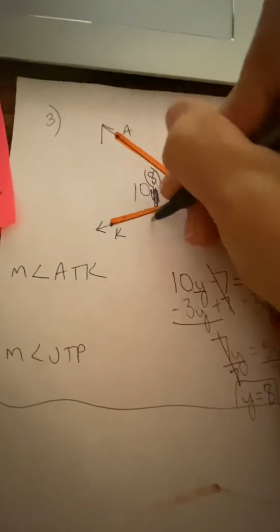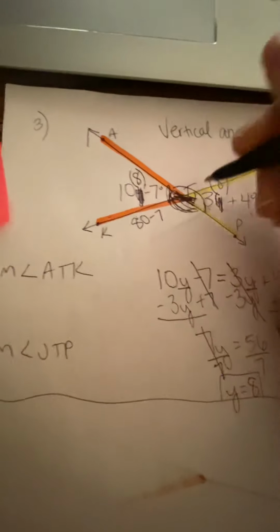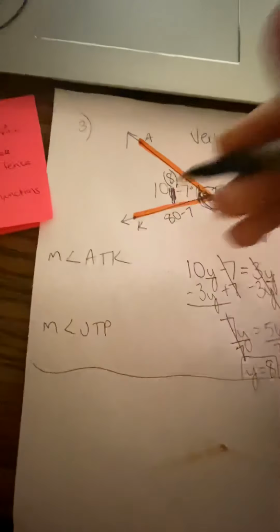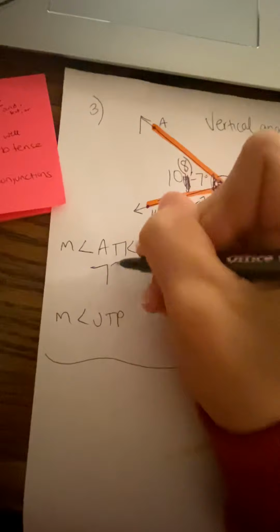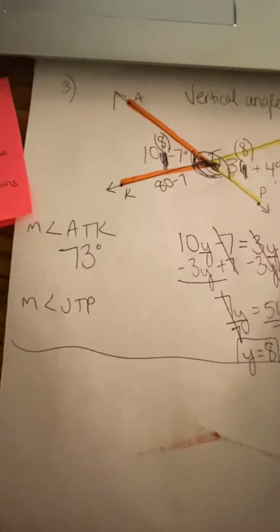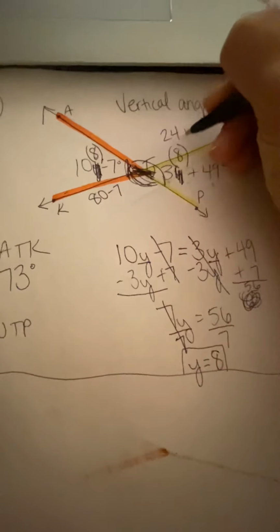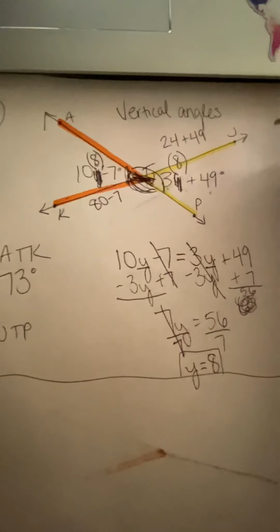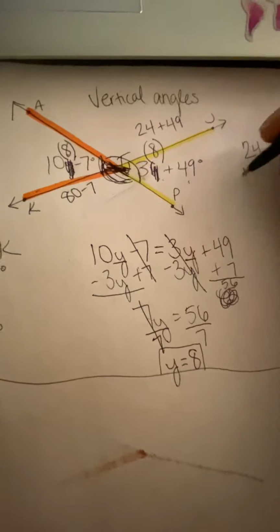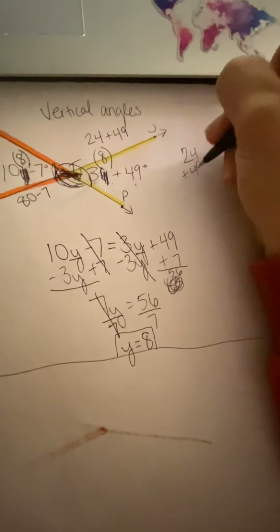All right, so 10 times 8 minus 7, 80 minus 7 means that angle ATK is 73 degrees. And 3 times 8, 24, plus 49 equals, should also be 73 degrees.